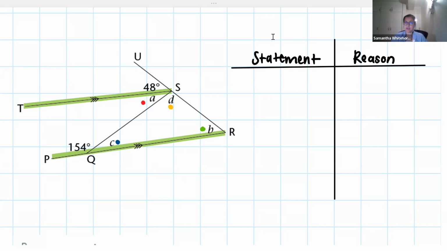If you have A and you know that UST is 48, think about what 48, A and D, what their relationship is with each other.